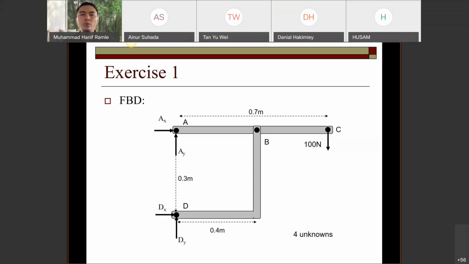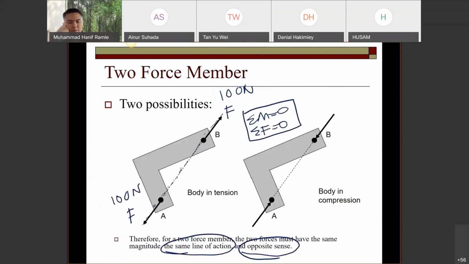So how to eliminate 1? We use a 2 force member. At the beginning there are no forces at all, but to eliminate the unknown, we introduce forces, and the introduction of forces must be in an equilibrium system.